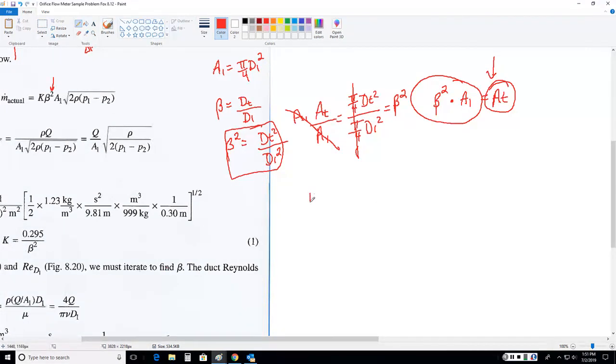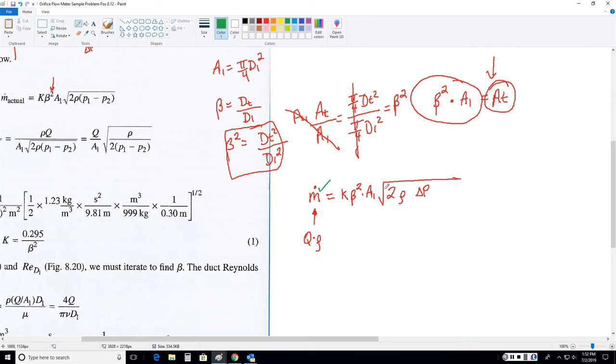Now let me continue telling you what they do. They pretty much know the mass flow rate, which you have, and you're like, what do you mean we have it? This is basically your Q multiplied times density, and that's your mass flow rate. This mass flow rate is equal to K beta squared times A1, multiplied times the square root of 2 rho delta P. So I'm going to put in green the things that you know and have already.